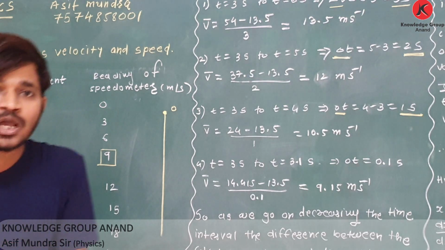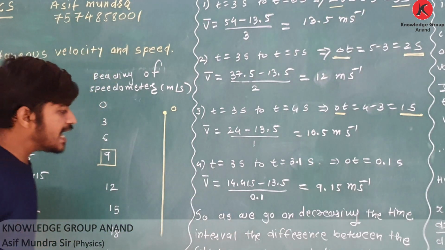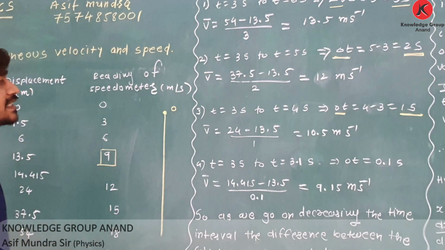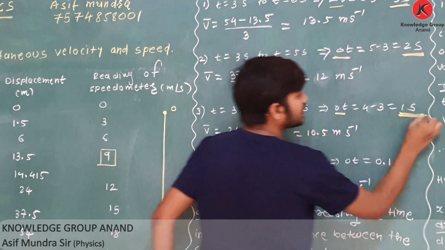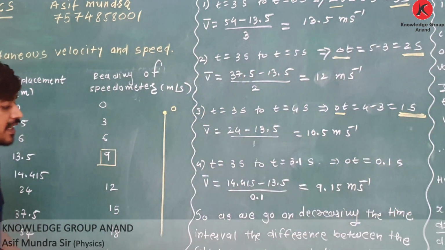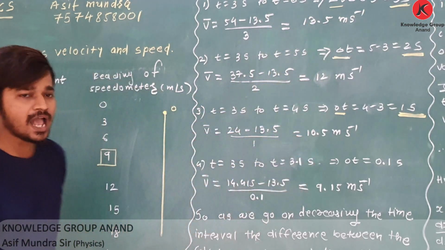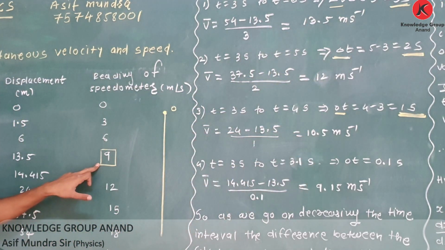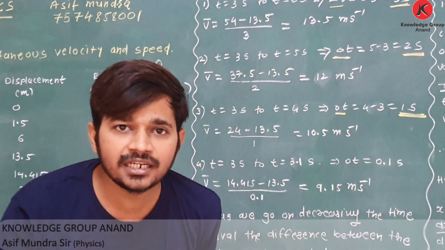So see students, from these 3 examples, you can say that as we go on decreasing the time interval, the difference between our calculated value and the true value decreases.